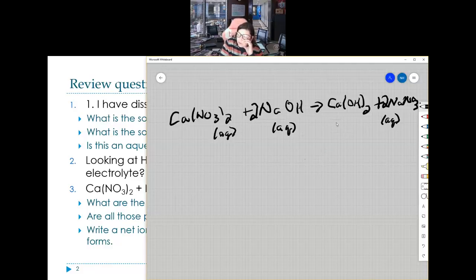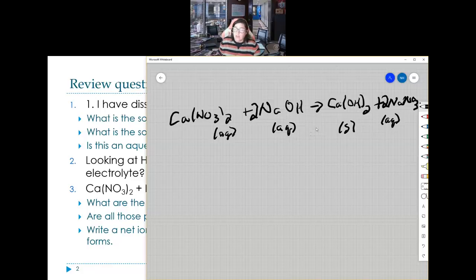And actually the answer there is no. So this one is a solid. Why is it a solid? Because it's an OH minus. Almost all of the OH minus compounds are going to be solids in solution. There are a few exceptions to that, and they're usually the alkali metals. So things that we talk about, NaOH, KOH, RbOH, LiOH. Those are soluble compounds, okay? So that's how we talk about it.